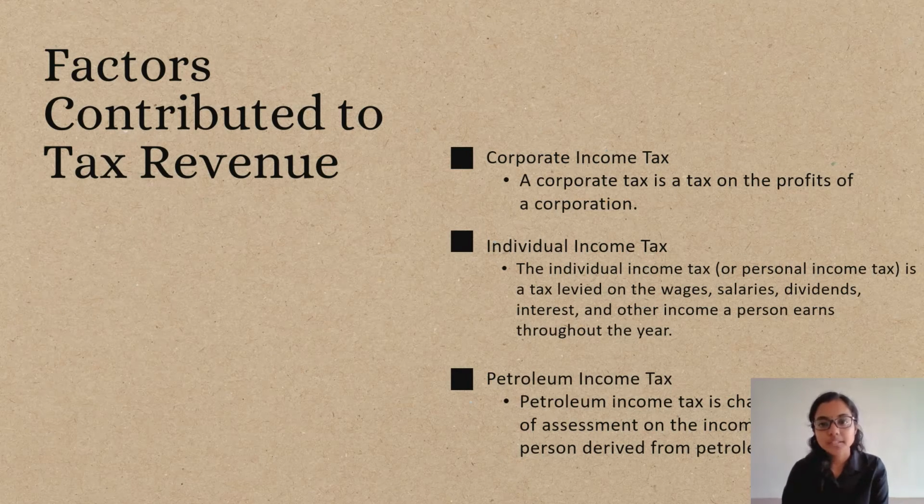The three major factors are corporate income tax, which is tax on the profits of a corporation, individual income tax, which is the tax levied on wages, salaries, dividends, interest and other income a person earns throughout the year, and petroleum income tax, which is a chargeable tax of assessment on the income of petroleum a person derived.